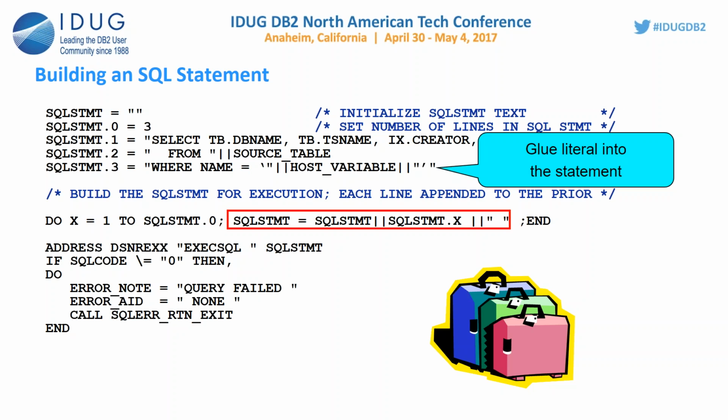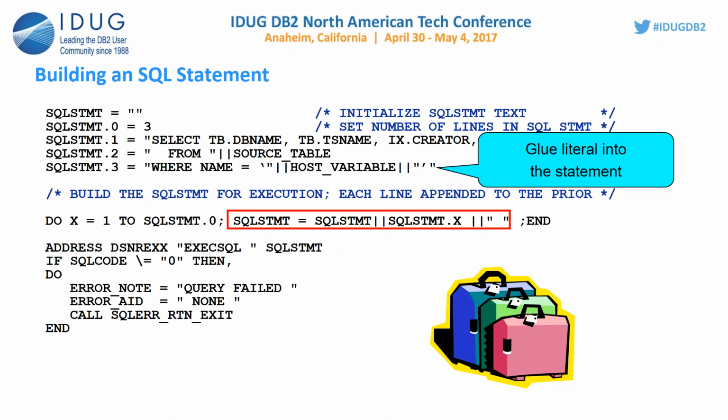All I'm doing there is flipping through my stem variable, do x equal 1, 2, however many I got, and concatenating it all together. When I send a statement off to DB2, it just needs to be all plopped together in one big string. So this is a way I can build it in parts, line by line, but then put it back together. This one line of boilerplate code is piecing it back together to send it off to DB2.